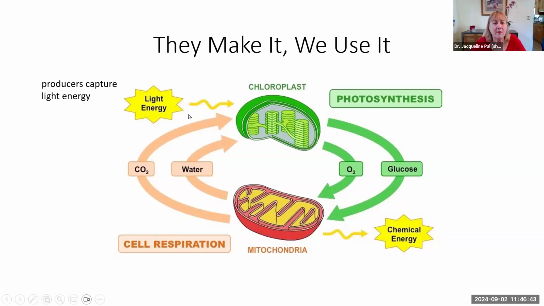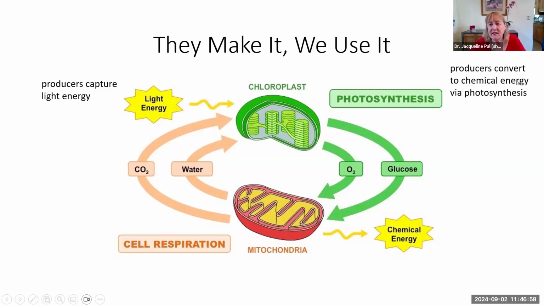The producers are capturing that light energy. They're taking it to the organelle, and this you learned in grade school, that organelle in the plants known as the chloroplast, where it does that process known as photosynthesis.